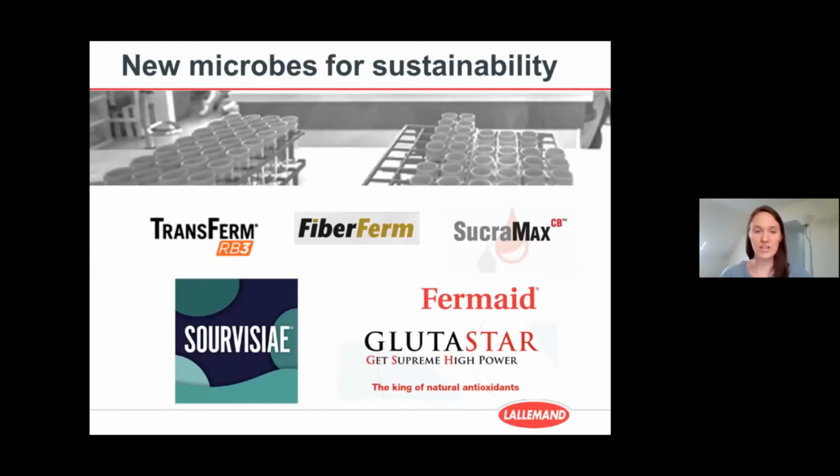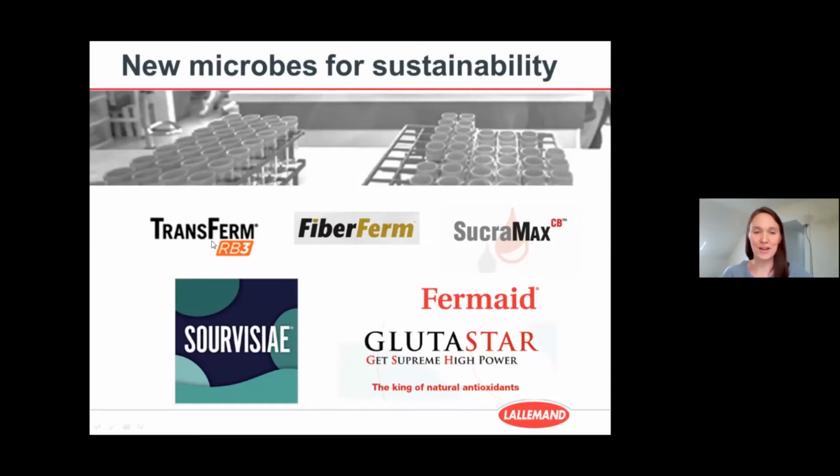So just to touch on a few commercial examples of what has come out of a development cycle, like I just showed on the previous slide. The first three strains are biofuel strains. So I know this conference is for food and sustainability, but I thought these were great examples of sustainability, at least.